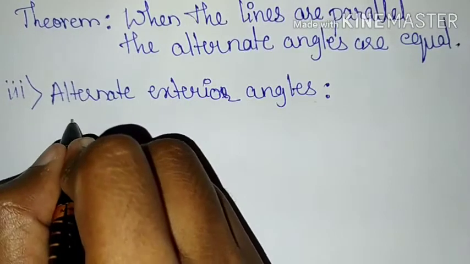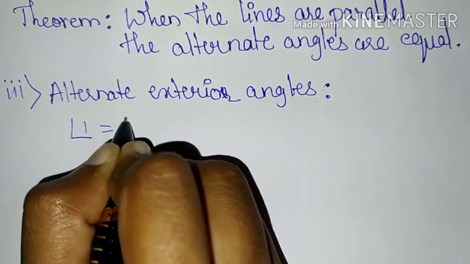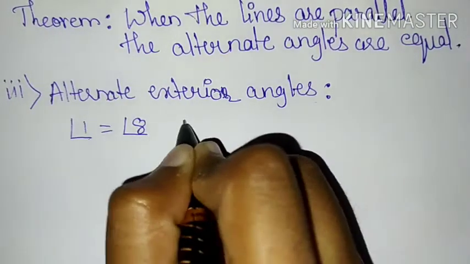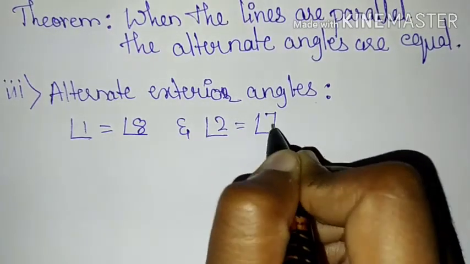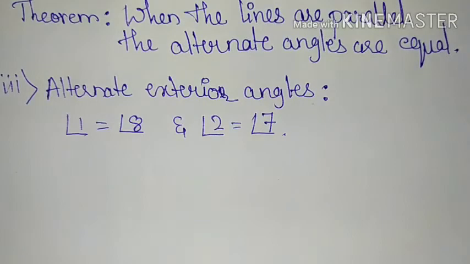So from the figure we get angle 1 is equal to angle 8 and angle 2 is equal to angle 7. These are the alternate exterior angles, and they are also equal when the lines are parallel to each other. That is also a theorem.